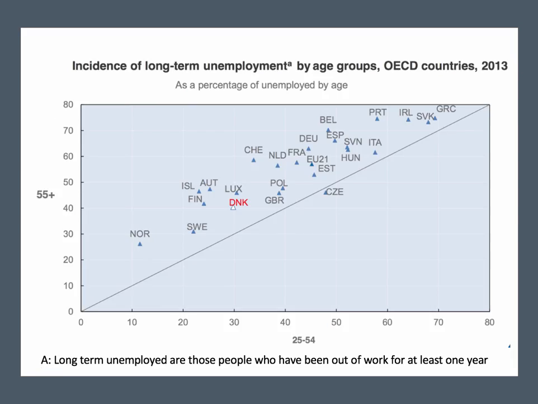One of the big risks from an ageing population is increasing levels of long-term unemployment. This chart, I think, is revealing. It shows that opportunities to work at an older age vary considerably amongst OECD countries. 82% of older people in Iceland, for example, were employed in 2013.